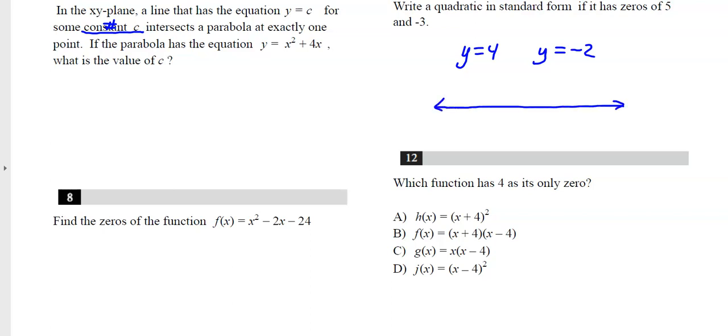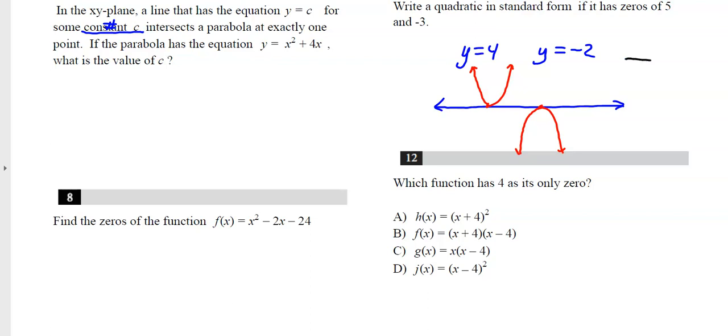Y equals a number is a horizontal line. So some horizontal line intersects a parabola at exactly one point. Well, the only way for that to happen is either I'm just touching it on the bottom or just touching it on the top. That's the only way a line can intersect a parabola at one point.